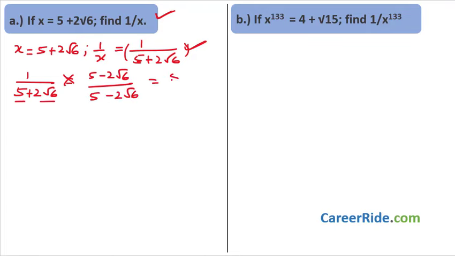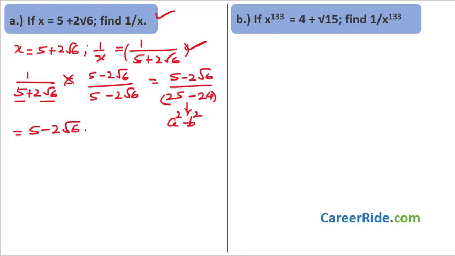So my numerator becomes 5 minus 2 root 6 and my denominator becomes 5 fives are 25 minus the square of 2 root 6, that is 4 into 6, that is 24. This is the same as A square minus B square. Don't get confused. The value in the denominator is just 1. So my answer comes out to be 5 minus 2 root 6.